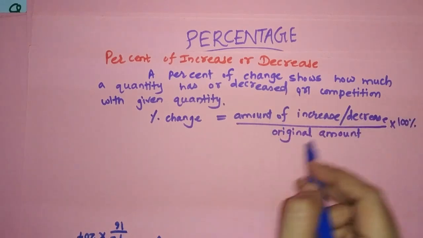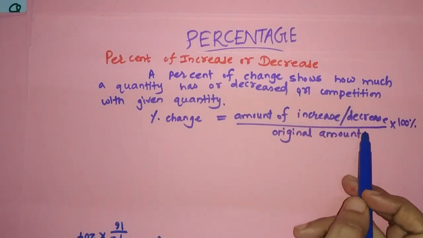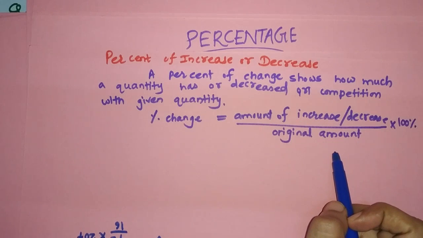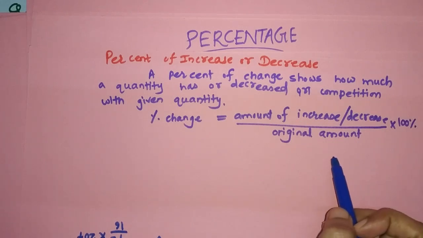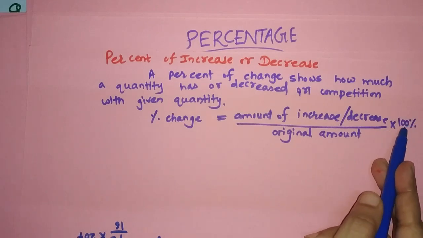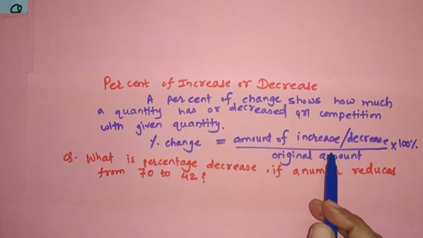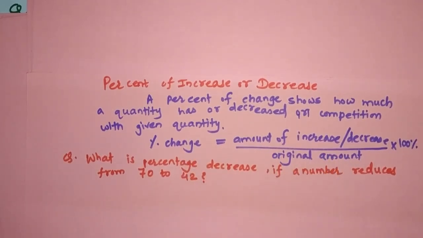So a percentage change you can find by taking the amount of increase, sometimes it may be a decrease, and then comparing it with the original amount or given quantity, and for a percentage you multiply it by 100%. So friends, percent of increase and decrease can be found, but you need to make sure to check whether it is an increase or a decrease, and then compare it with the original one.